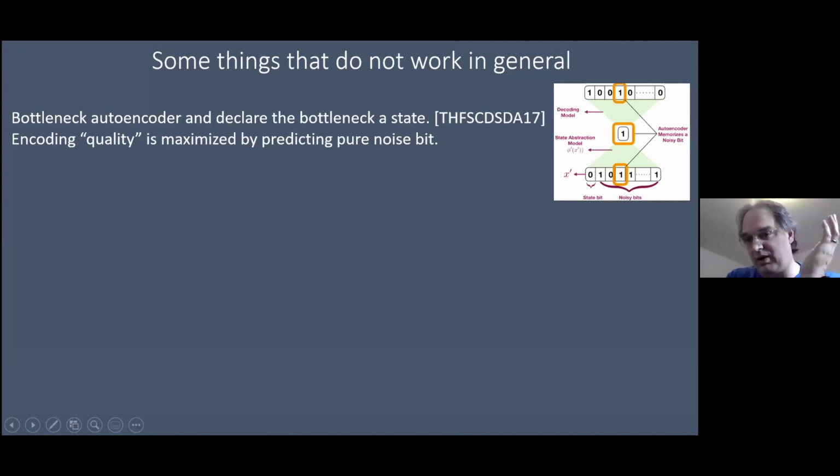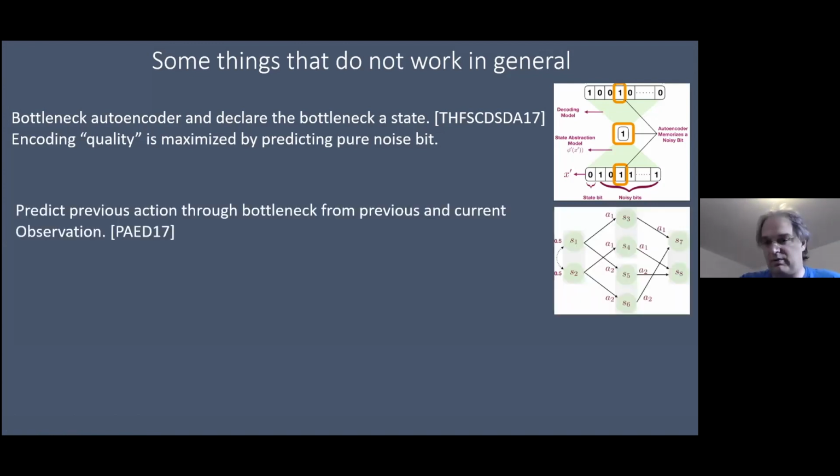And it's actually superior to echoing the state bit if the state bit has less entropy than the noise bit. So this kind of approach can just be distracted by noise, and you end up creating a definition of state, which is the low dimensional bottleneck, which doesn't have any bearing on the dynamics of the world.